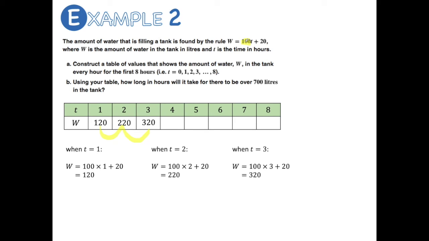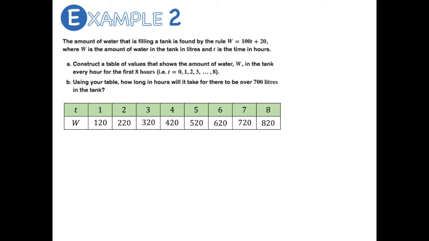When T is 4, W is going to be 420, then 520, 620, 720, and 820. I can do a quick check: when T is equal to 8, W is equal to 100 times 8 plus 20, which is 820. So I've been able to complete my table.